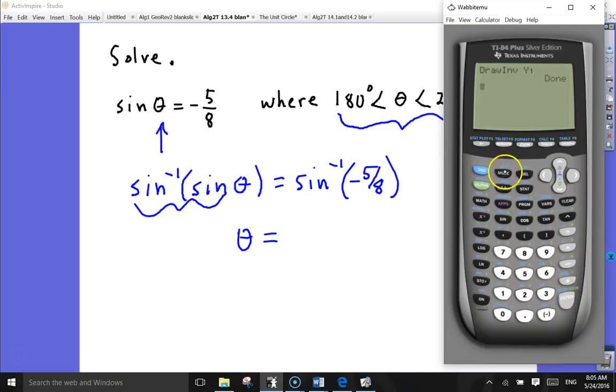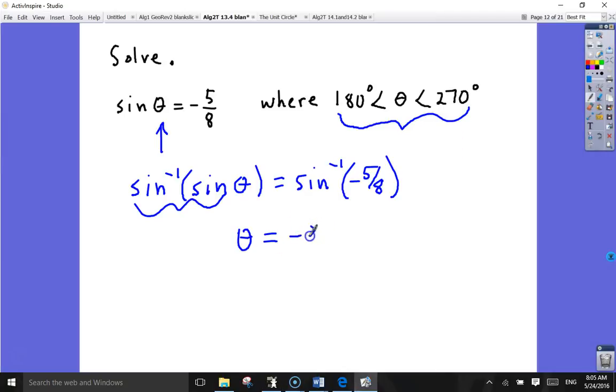Second quit. Sine inverse, second sine of -5 divided by 8. And it tells us that's -38.68. Let's call it -38.7 degrees.